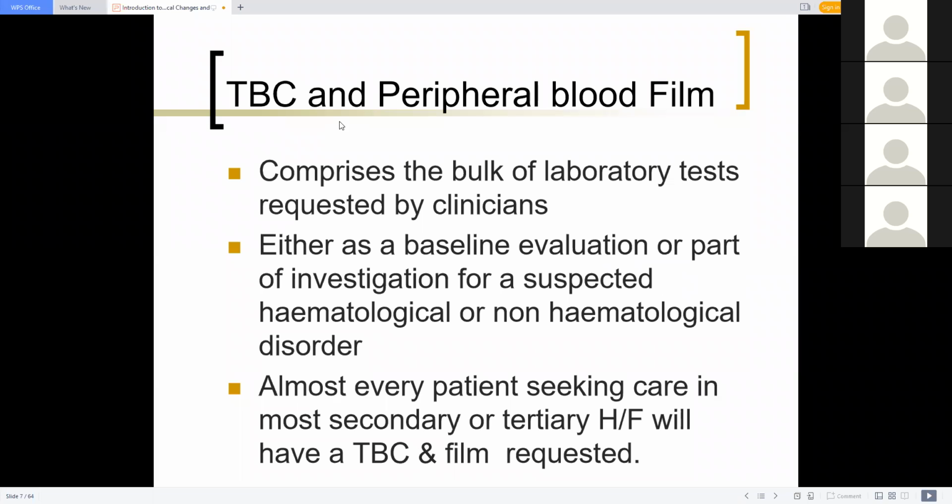And I have said almost every patient who seeks healthcare in a higher level health facility that has a good laboratory is usually requested to have a total blood count and a peripheral blood film. So hematology labs are usually very busy because of this.